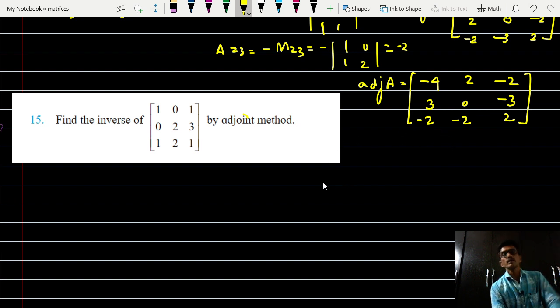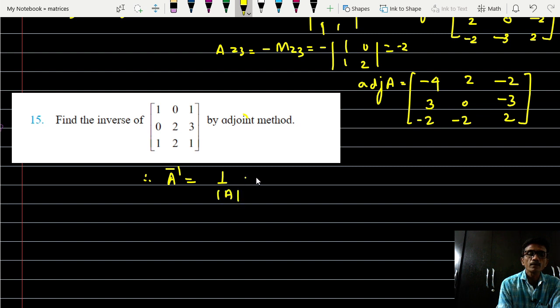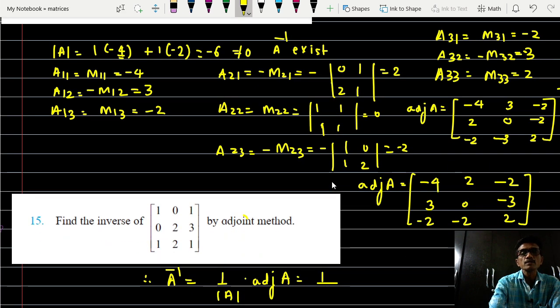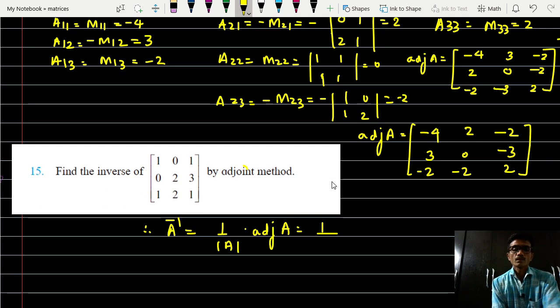दिस इज व्हाट एडजॉइंट. फिर इसके बाद फाइंड करना है इनवर्स. A inverse is equal to 1 upon determinant of A into adjoint of A. व्हाट इज दैट? 1 अपॉन डिटरमिनेंट ऑफ A. व्हाट इज डिटरमिनेंट ऑफ दिस मैट्रिक्स? इसका डिटरमिनेंट क्या आया था? -6. सो इट इज 1 upon -6 into adjoint of this.